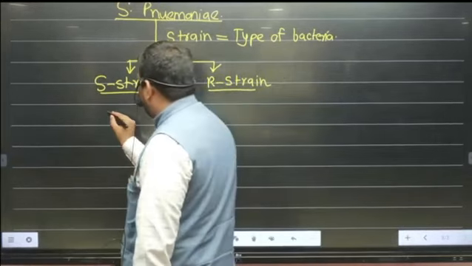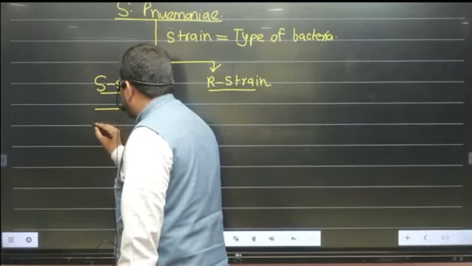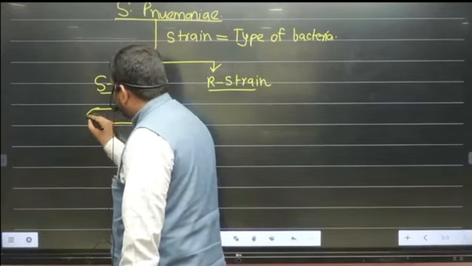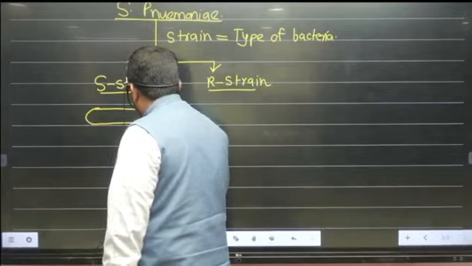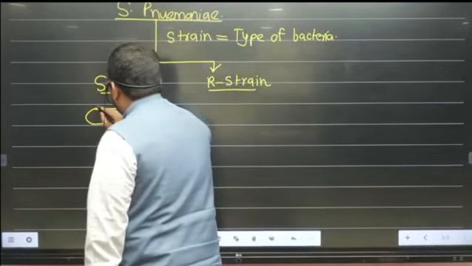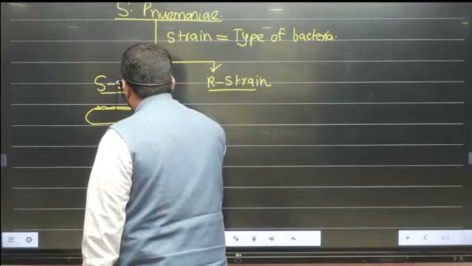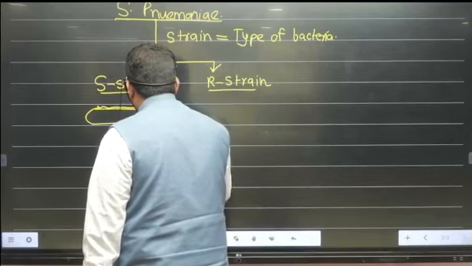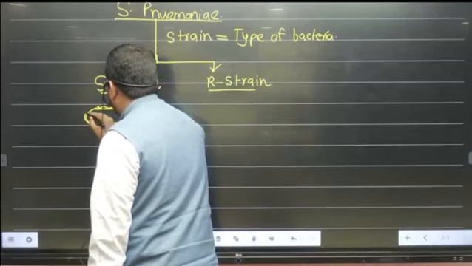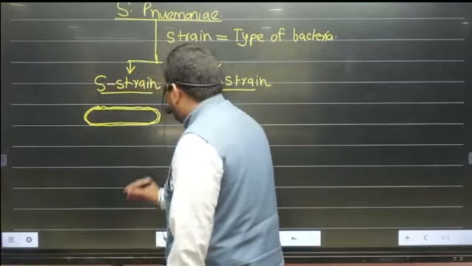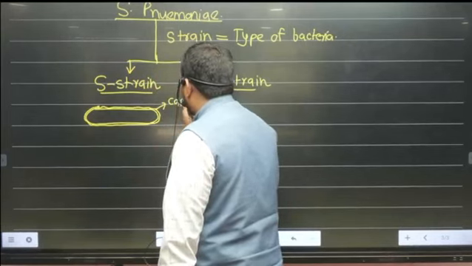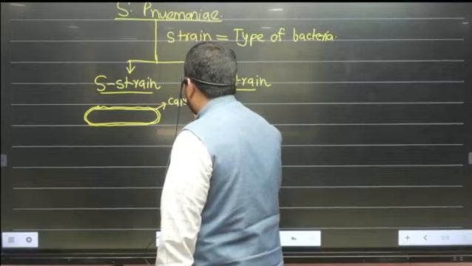So what is the meaning of the S strain? Suppose, for example, here there is one bacterium, and if the bacterium shows the presence of a layer around the cell wall which is made up of polysaccharides, this layer is called the capsule.